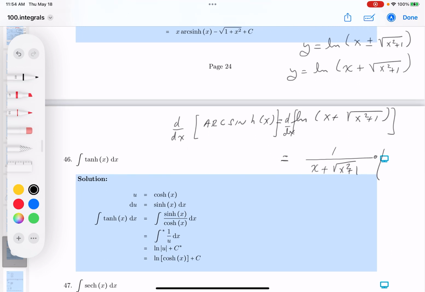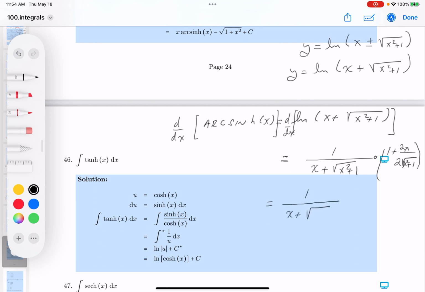It's going to be 1 plus, let's see, x over the root of x squared plus 1, which is 2x over 2 root of x squared plus 1. It looks complicated, doesn't it? So let's write that down carefully. Now the 2's cancel, that's convenient.